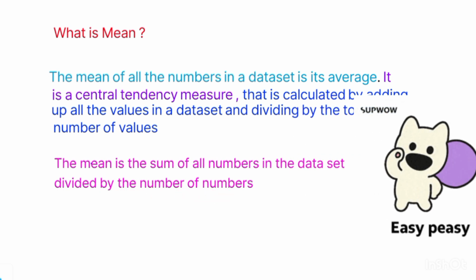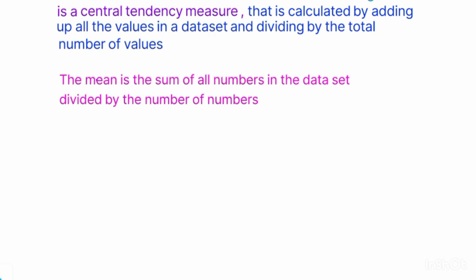So let's take an example. Suppose we have to find the mean of 4, 1, 7 and 8. This is the data set that is given to us. So mean is the sum of all numbers divided by the number of numbers.